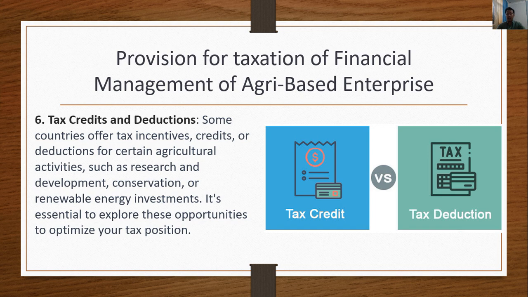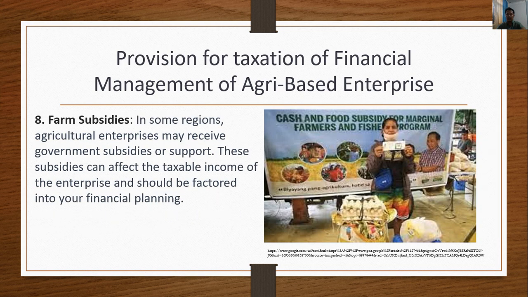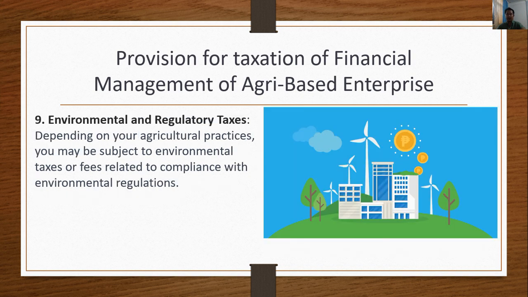It's essential to explore these opportunities to optimize your tax position. Then farm subsidies. In some regions, agricultural enterprises may receive government subsidies or support. These subsidies can affect the taxable income of the enterprise and should be factored into your financial planning.